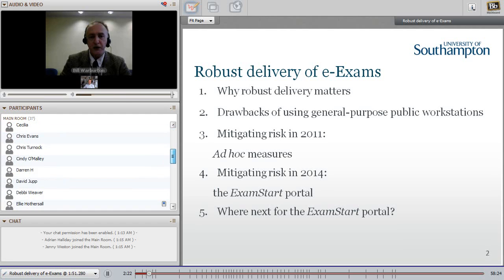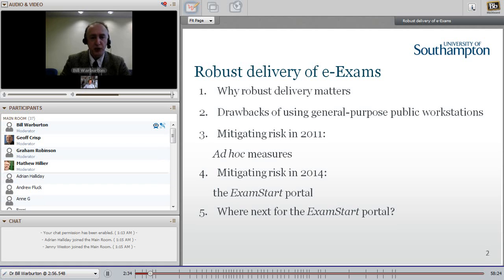We'll hand over to Graham at that point, and he'll look at how things were before we produced the EXAMSTART system, and these measures are largely ad hoc. And then the more systematic approach that we're using now, the state of play in 2014, and in particular the EXAMSTART portal itself. And then I'll carry on towards the end saying something about where we're hoping to go and possible future developments.